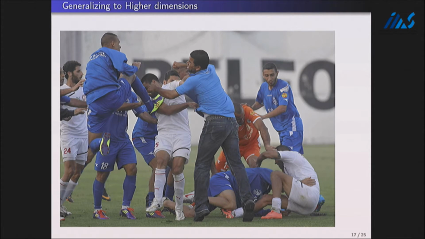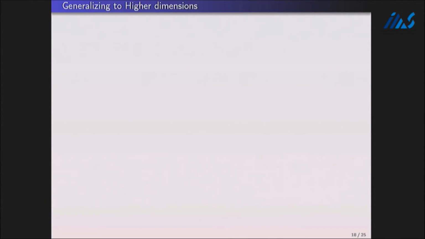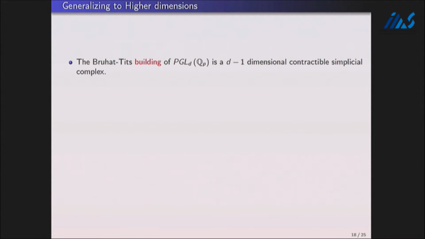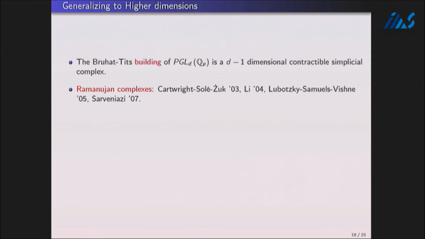But in any case, in the context of generalizing Ramanujan graphs, Alex has been pretty violent in the last decade. And his idea, not only his, was that we want to look at the Bruhat-Tits building of higher dimension. And this is a contractible simplicial complex. And several people had the idea that, okay, the generalization of Ramanujan graph should be the quotient of this complex.